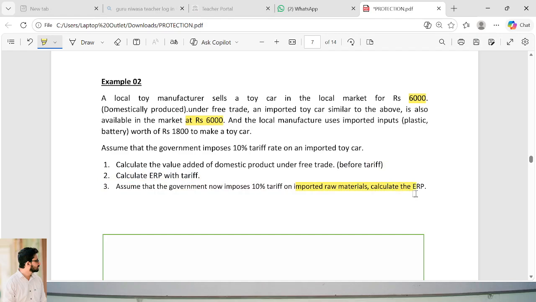Calculate ERP by considering both the 10% tariff rate on the imported product and the 10% tariff rate on imported raw material. I'll give you 5 minutes, same pattern.